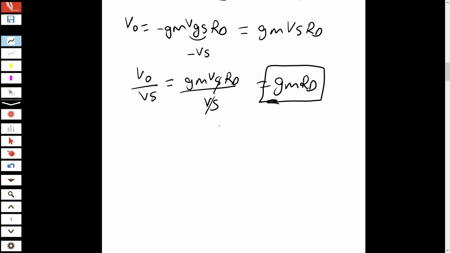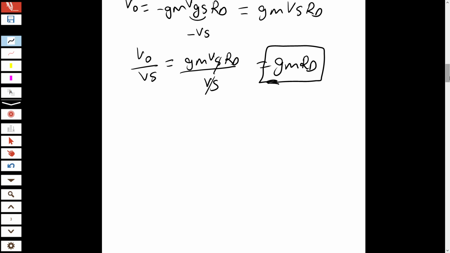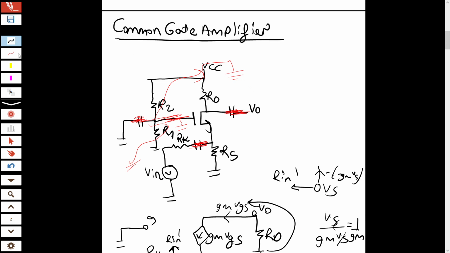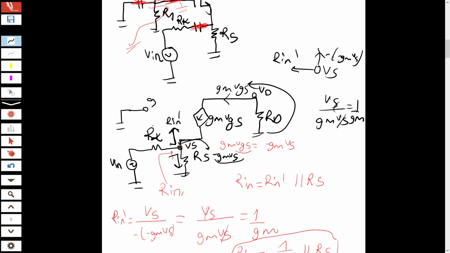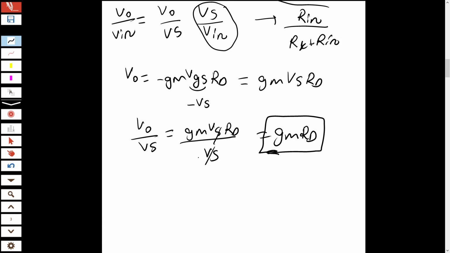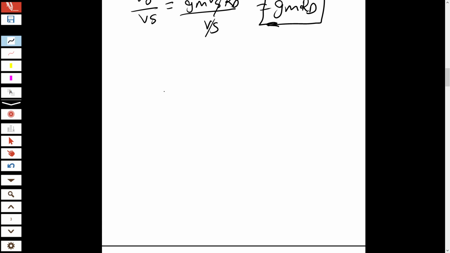Now let's find the output resistance. What is output resistance, by the way? To find the output resistance, I will redraw the AC equivalent of this circuit. We make the independent input sources grounded.